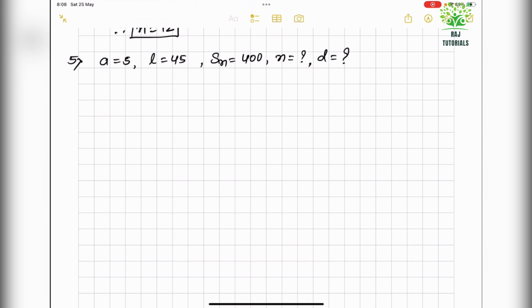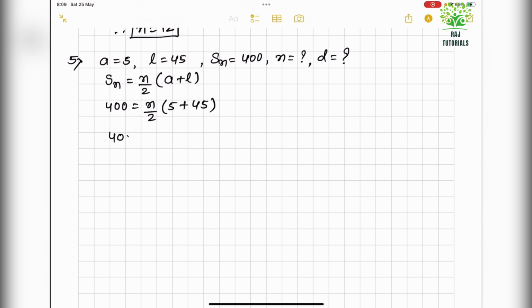Here I am given the first term of an AP is 5, the last term is 45 and the sum is 400. Find the number of terms and the common difference. So A equal to 5, L equal to 45 and Sn I am given. So we know that Sn equal to n by 2 into A plus L. So 400 equal to n by 2 into 5 plus 45.